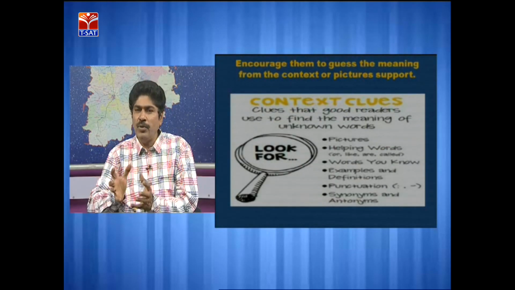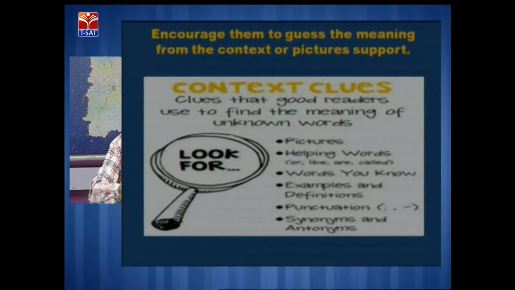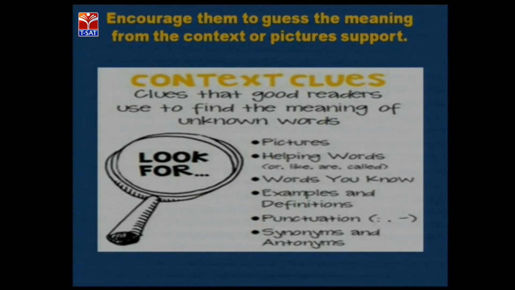Then help them to make use of context clues. What are context clues? While we are reading, there may be some pictures, there may be some words, and we may not be in a position to understand the meaning. Don't worry, that word may not be essential to comprehend the matter.